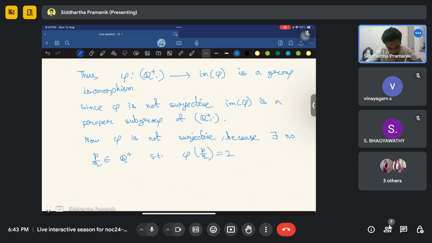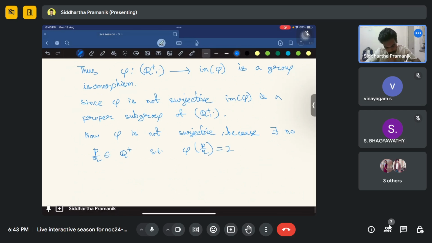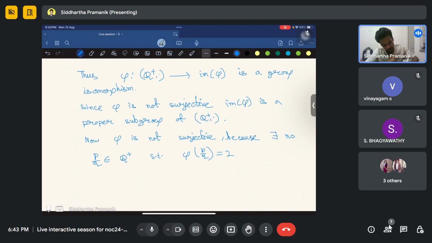That means 2 has no pre-image. Because if 2 has a pre-image, so what is phi of p by q? It is equal to p square by q square, right? So that means p square by q square is equal to 2.